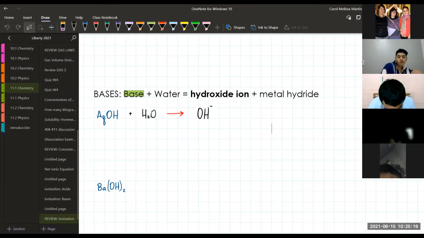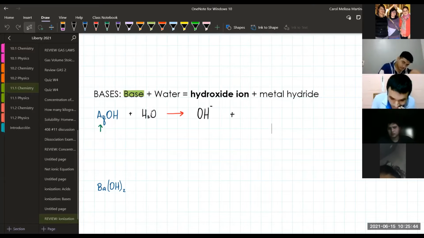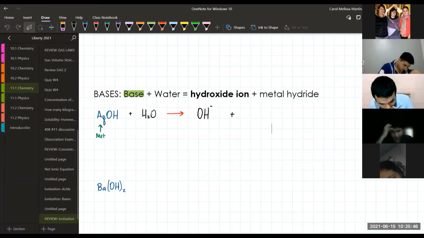And then it says plus metal hydride. What is the metal in this base? What is the metal? Silver. The silver. Okay, so this is the metal. And because it says metal hydride, hydride is the ion hydrogen, but with a charge of -1.